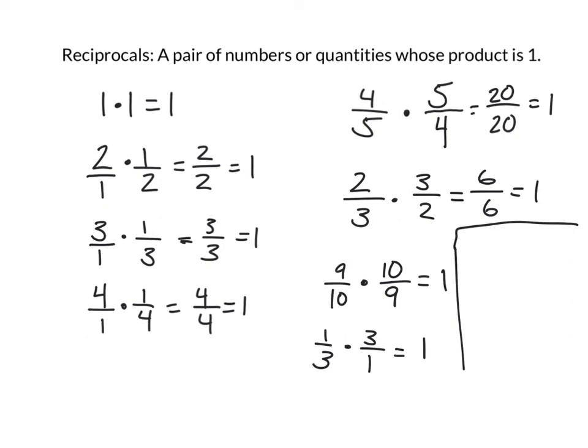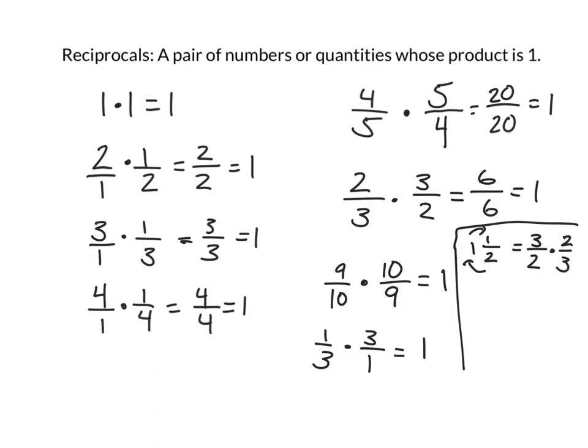And the only slight difference is if we have a mixed number, like 1 and 1/2, we can't just say that the reciprocal is 1 and 2 over 1. That does not work. We first have to change it into an improper fraction, or just a fraction greater than 1. So this is equal to 3 over 2, and then the reciprocal of 3 over 2 is 2 over 3.